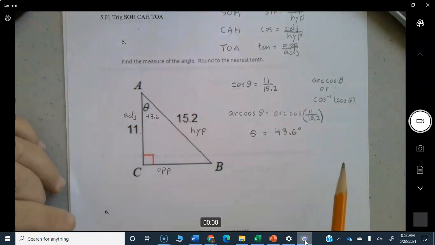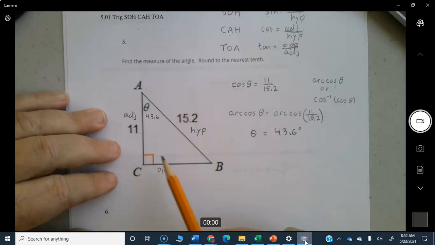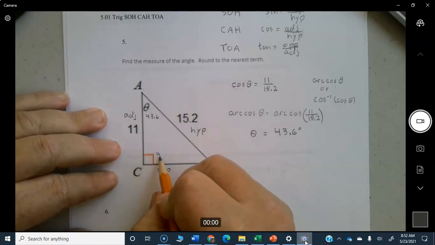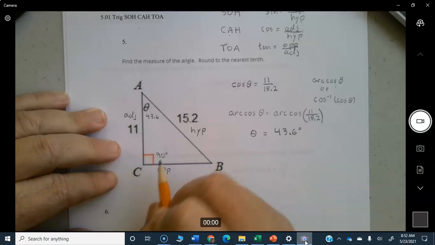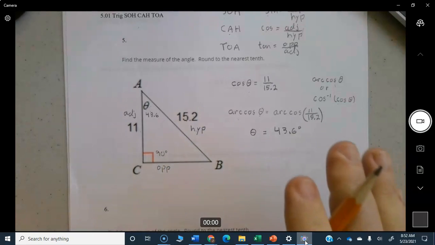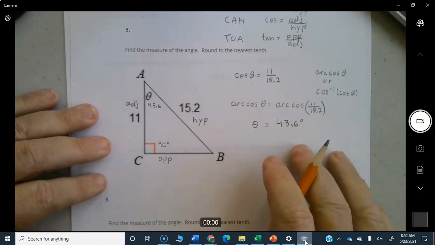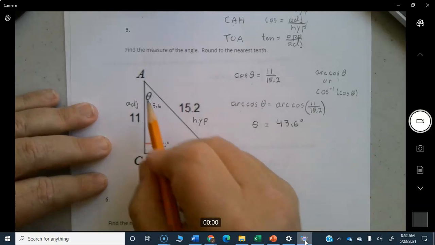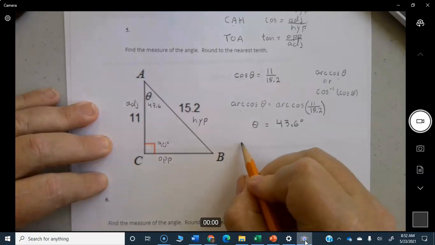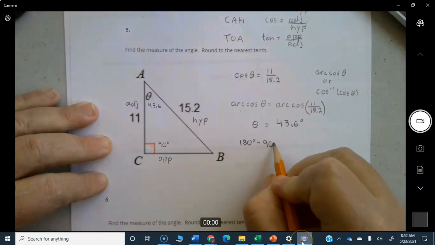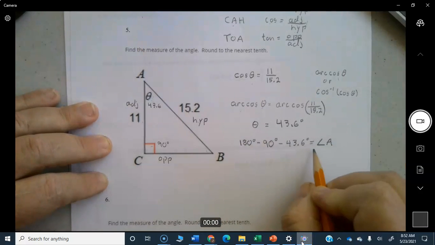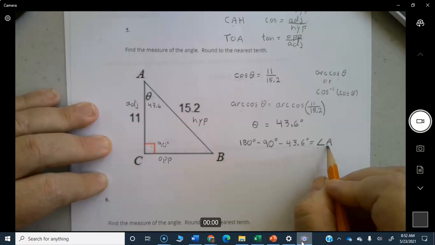Okay, let's go ahead and figure out the angles. So we know this one's 90. Always have to have at least one 90-degree angle in trigonometry, at least this far in trigonometry. Later on, we'll find out how to deal with it if you don't have a 90-degree angle. So remember what all three of these angles added up have got to be 180. So we're going to call it 180. Okay, that's angle A. That's the symbol for angle.